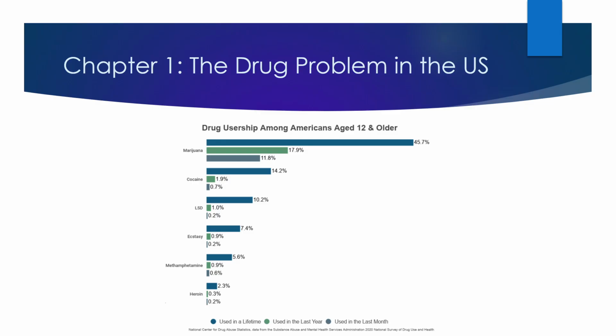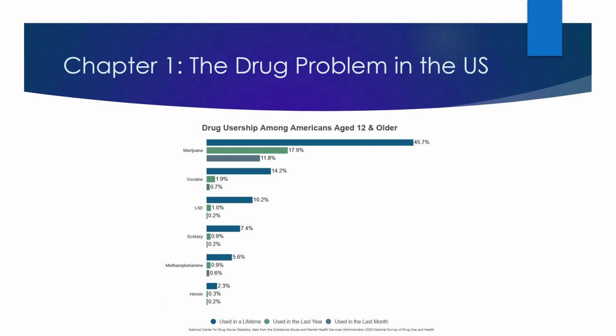Cocaine, 14% have ever tried it, 1.9% in the past year, 0.7% in the past month. So again, perceived as a riskier drug, used less often by fewer people. LSD, 10% ever, 1% last year, 0.2% in the past month. Ecstasy, again, we'll get into the details of the drugs later on.